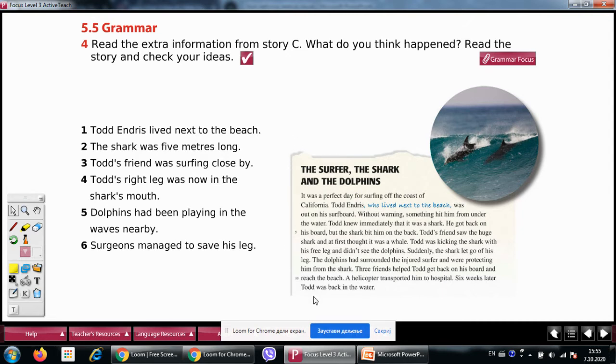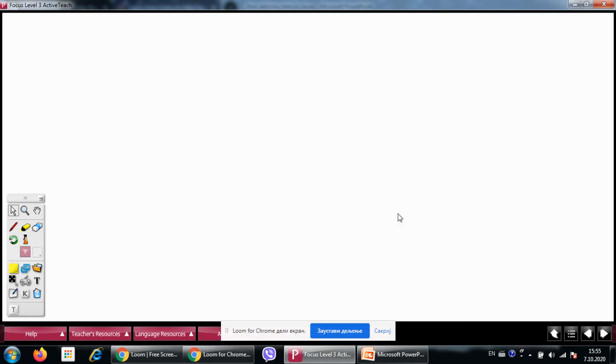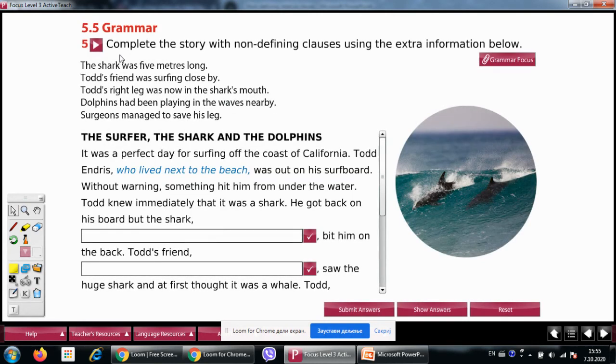So here we see what the story is about. But we'll need this extra information for our next task because we have to complete the story with non-defining relative clauses using the extra information that we mentioned in the last exercise.